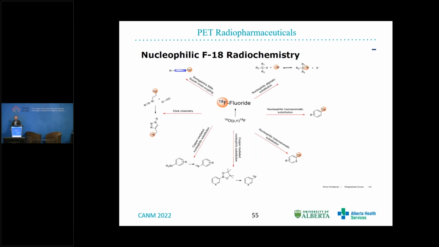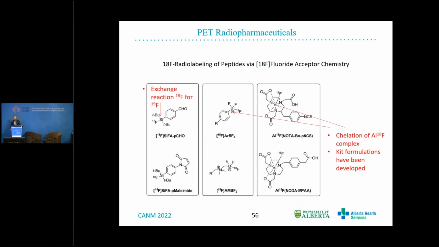So just a little bit about fluorine-18. Some other radiochemistry, there's a bunch of different things that can be done. I'm not going to go through it all. It's also possible to radiolabel peptides with F18.